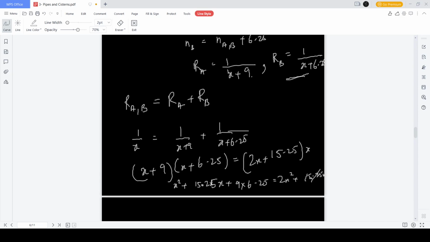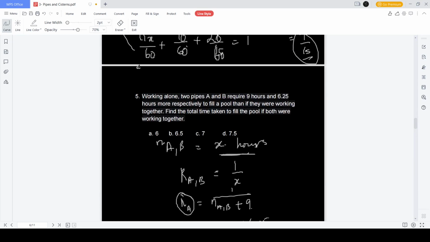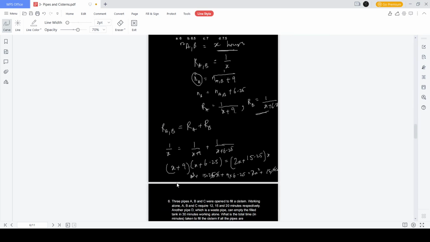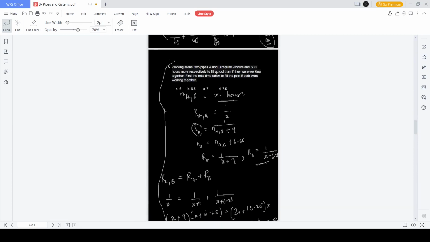This and this term can cancel. 2x square and 1x square can cancel. So x square equal to 9 into 6.25. We will not simplify that because it will conveniently cancel. The last step comes as x square equal to 9 into 6.25.